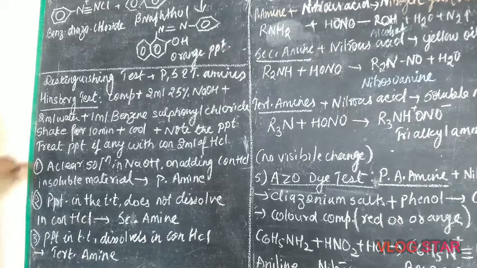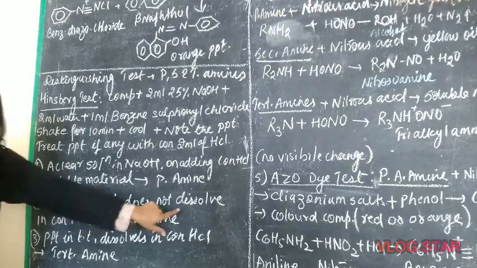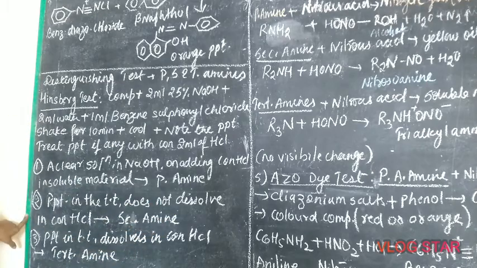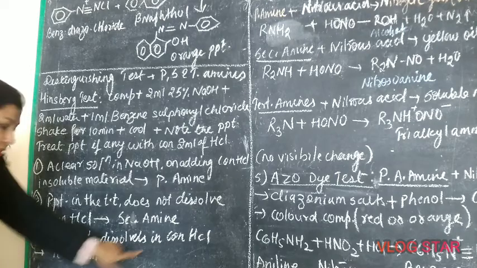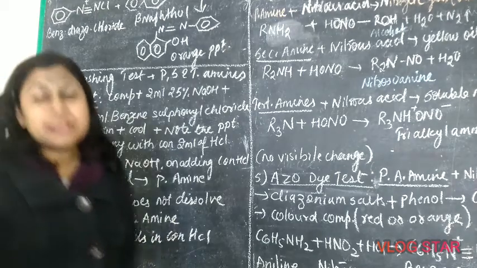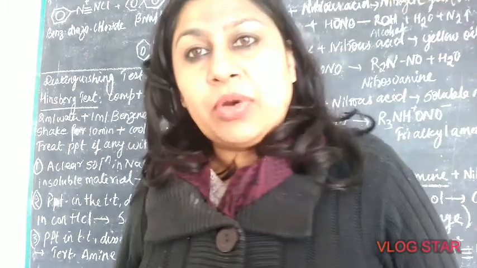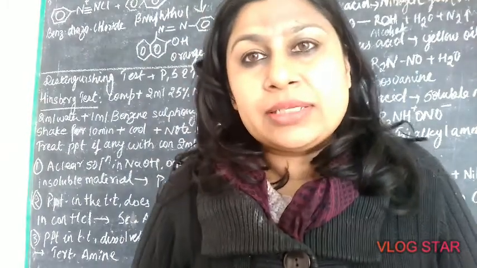Again, a clear solution and then insoluble material on adding concentrated HCl means primary amine. A precipitate which does not dissolve in HCl means secondary amine. A precipitate that dissolves in concentrated HCl means tertiary amine. This is an important test. Many times you get this test to do.